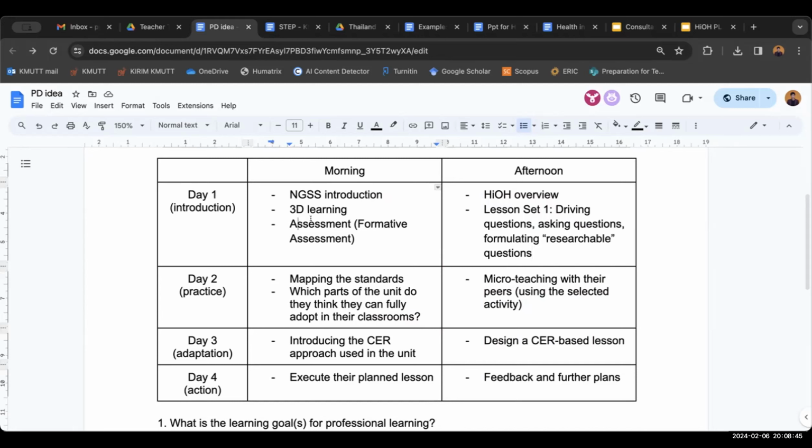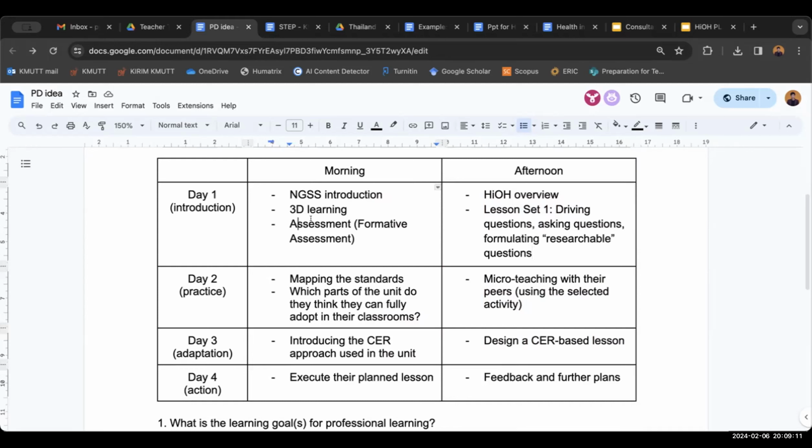So I'm not going to assess the teachers at this point. This is the idea, the first introduction, and in the second half of the day, again, it's going to be the introduction of the module. The driving question I put here is the driving question of lesson set 1.